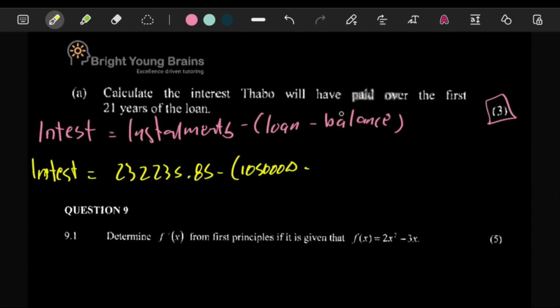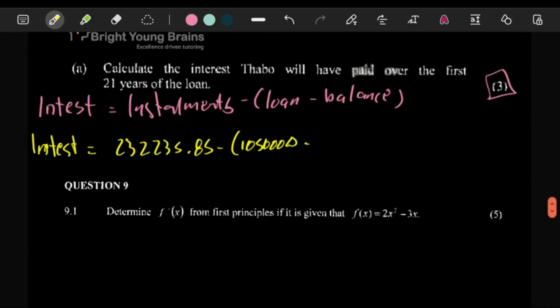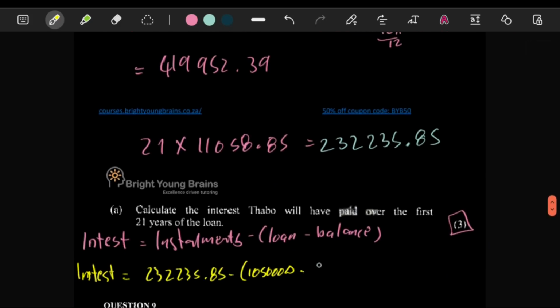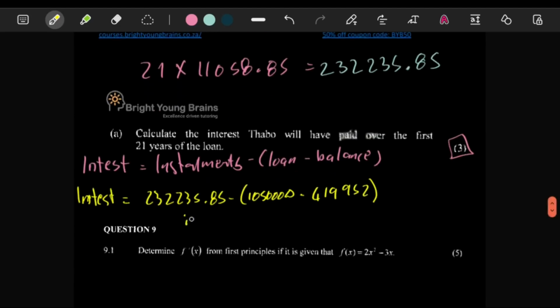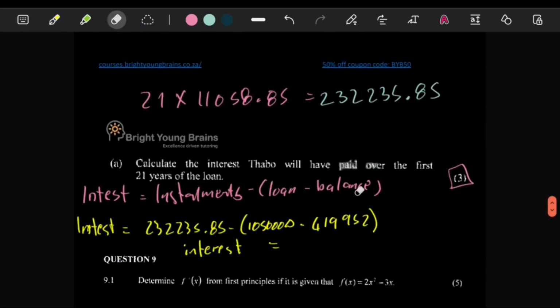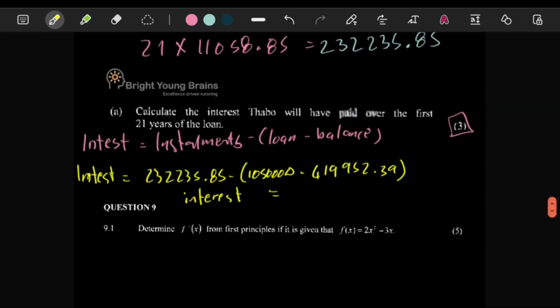And then his balance was 400 and something after 21 years, so it's 419,952. Let's see what the interest is. Check it out in the calculator. Wait, I forgot to put the decimals. This is 0.39. Let me just put all this into the calculator and then we'll carry on.